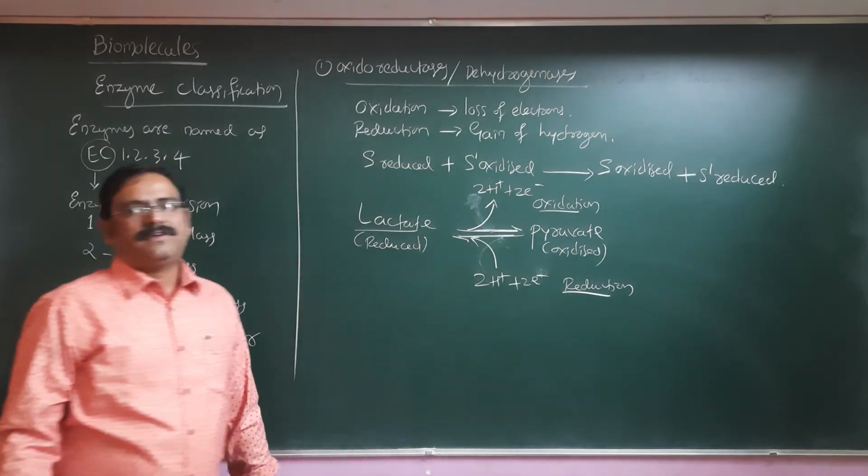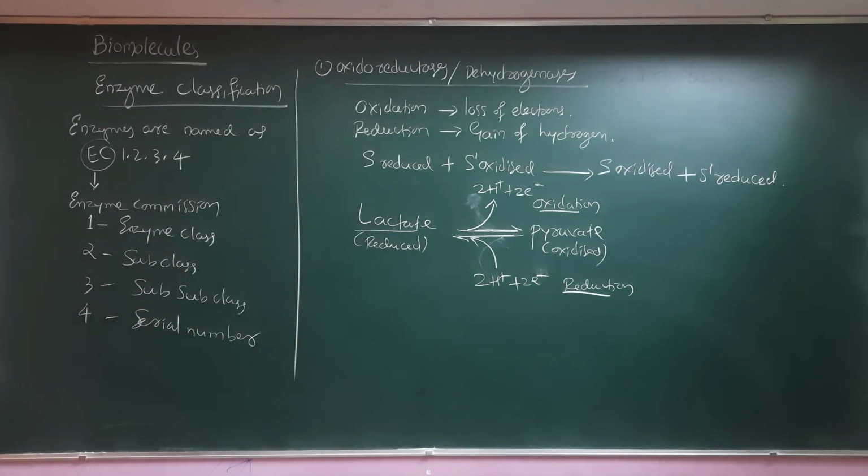This is one simple example to explain what an oxidoreductase is. So oxidation as well as reduction we have seen. Gain of hydrogen is reduction, loss of hydrogen is oxidation. Fine. So this is about the first group, oxidoreductases.